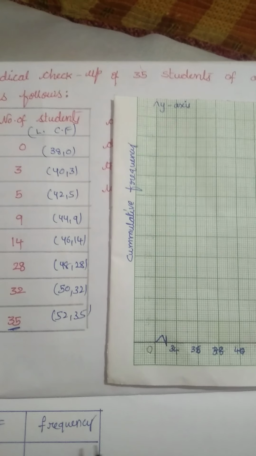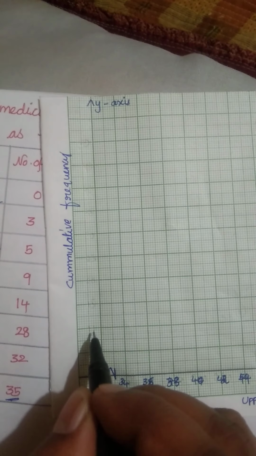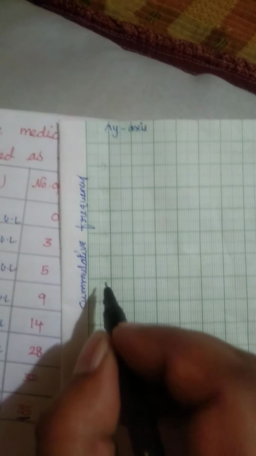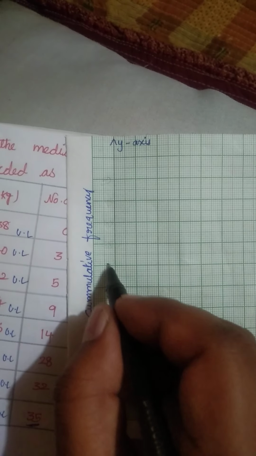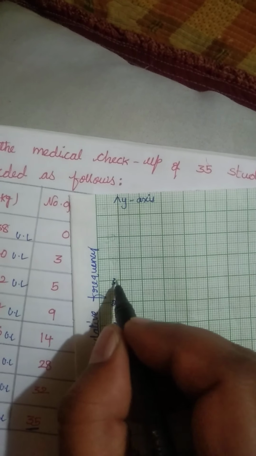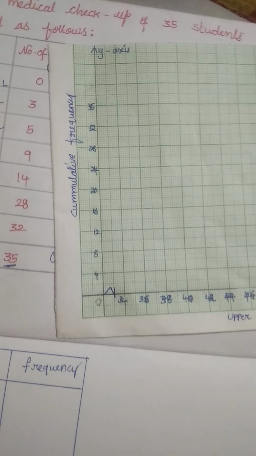So on the y-axis let us take 4 units: 4, 8, 12, 16, 20, 24, 28, 32 and 36.